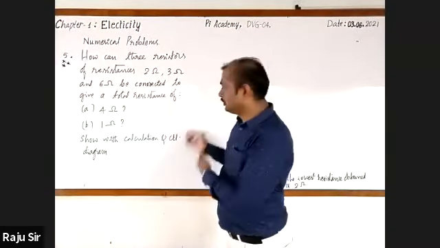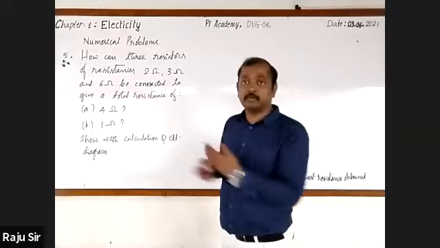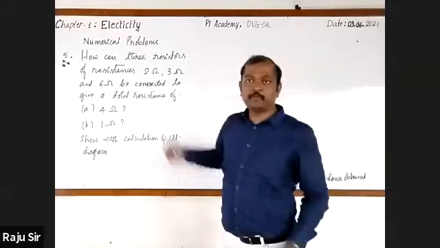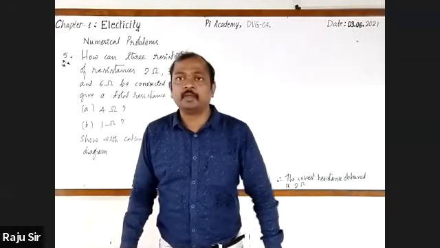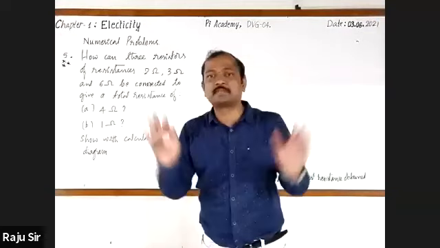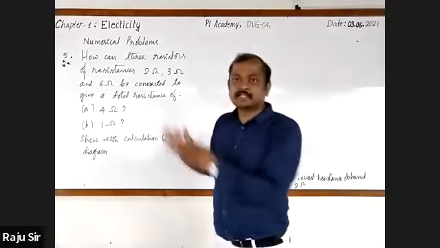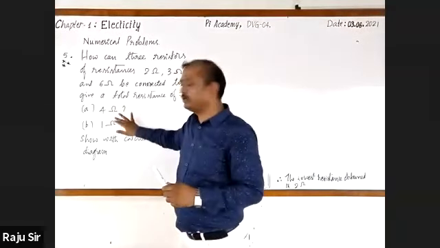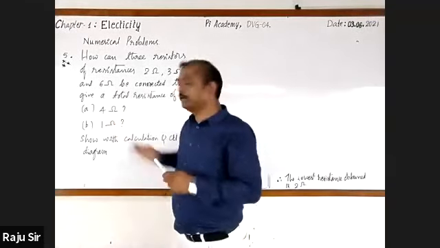We have to draw the circuit diagram to show how we connect it, and also do the calculation. The meaning of the whole statement is very simple: resistors are given and we are going to obtain 4 ohm and, in the second case, 1 ohm.